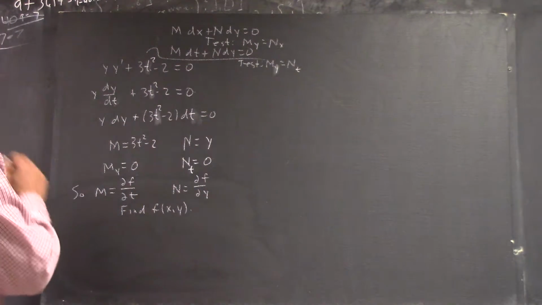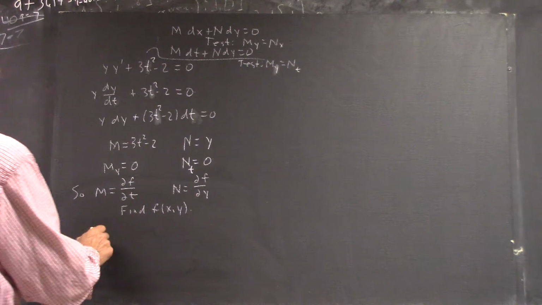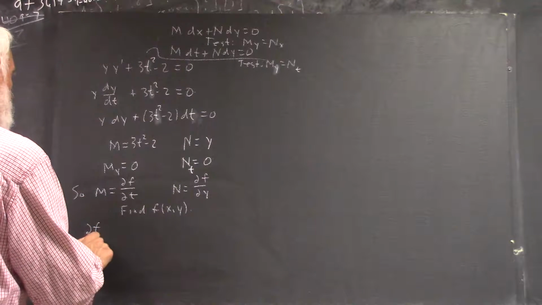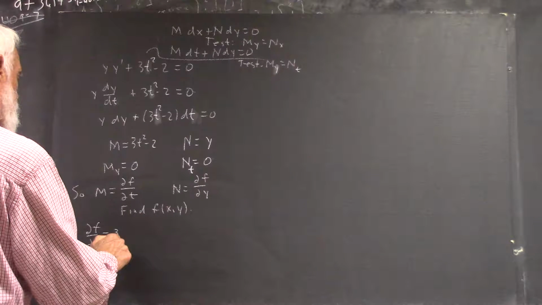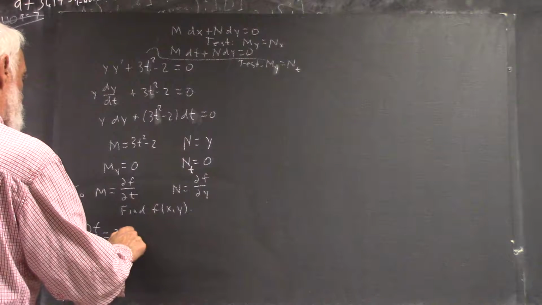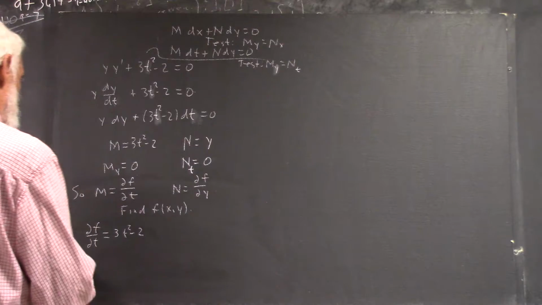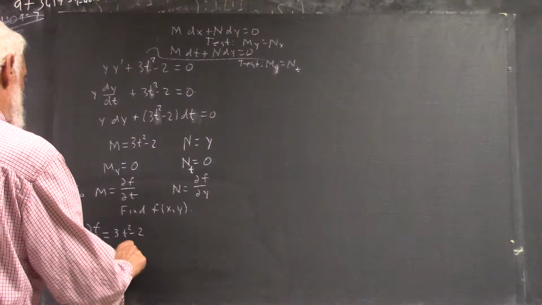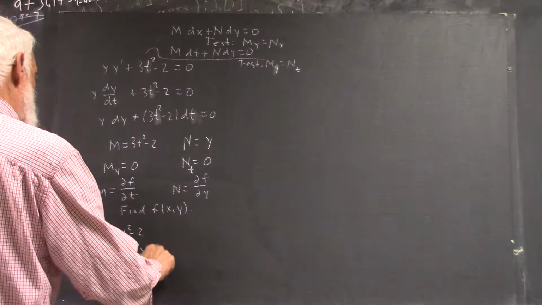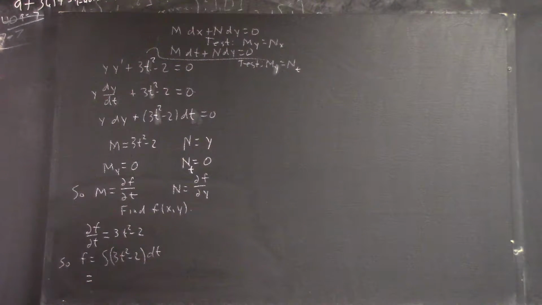Now, if M equals the partial of f with respect to t, we can write that out. The partial of f with respect to t equals 3t squared minus 2.